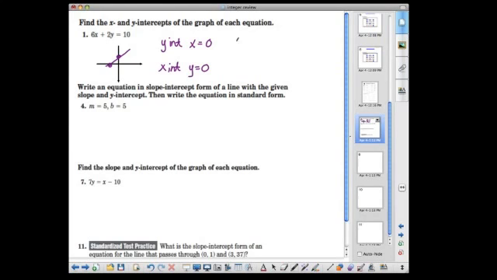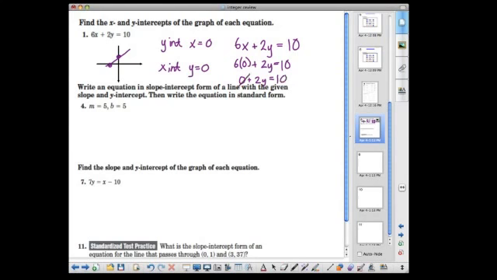So if I have 6x plus 2y equals 10, in order to find my y-intercept, I need the point where x is 0. So 6 times 0 plus 2y equals 10. I'm going to solve this problem. 6 times 0 is 0, plus 2y equals 10.